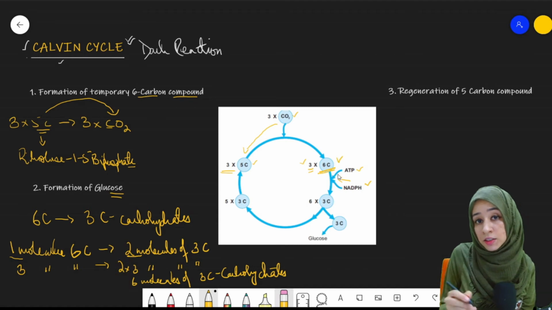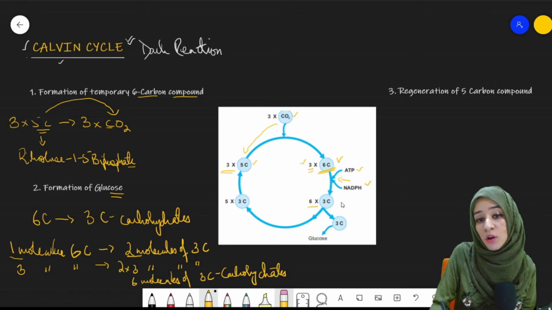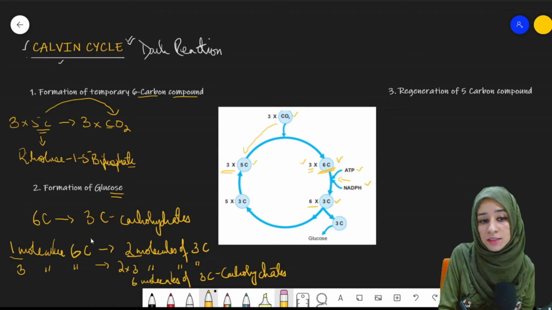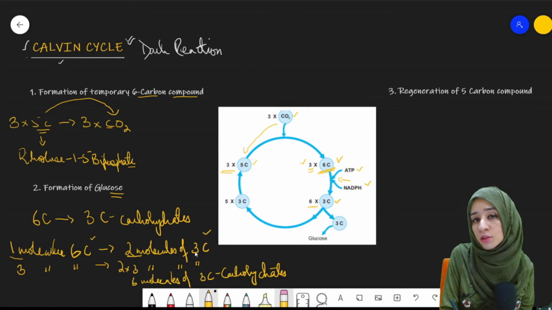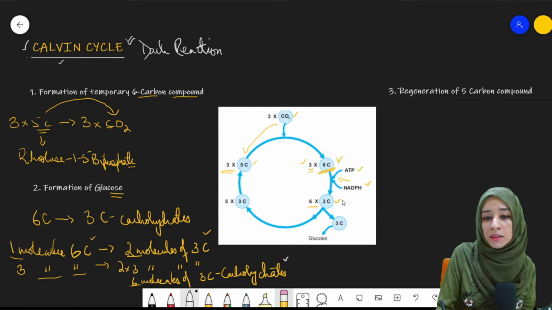So we had 3 molecules of the temporary 6-carbon compound, which are now split into 6 molecules of 3-carbon carbohydrates. I hope it is clear. If one molecule of 6-carbon compound gives us 2 molecules of 3-carbon compounds, then 3 molecules of 6-carbon compounds will give us 6 molecules of 3-carbon carbohydrate. Now what will happen?